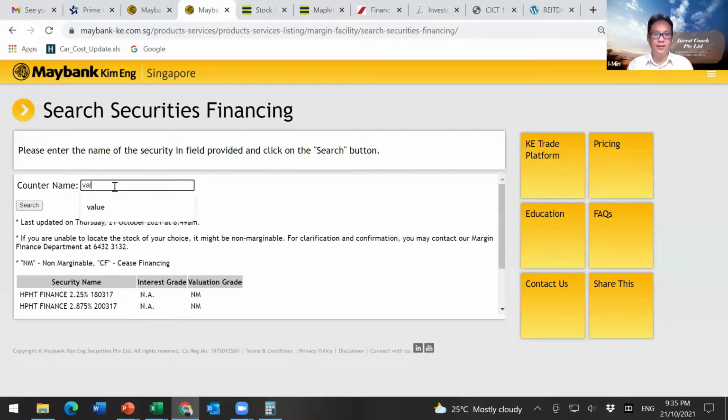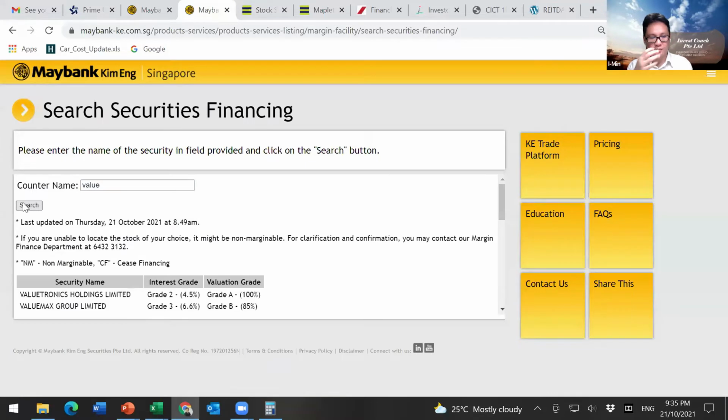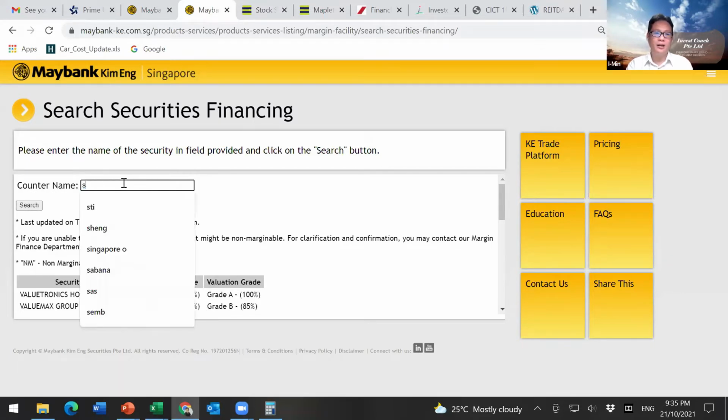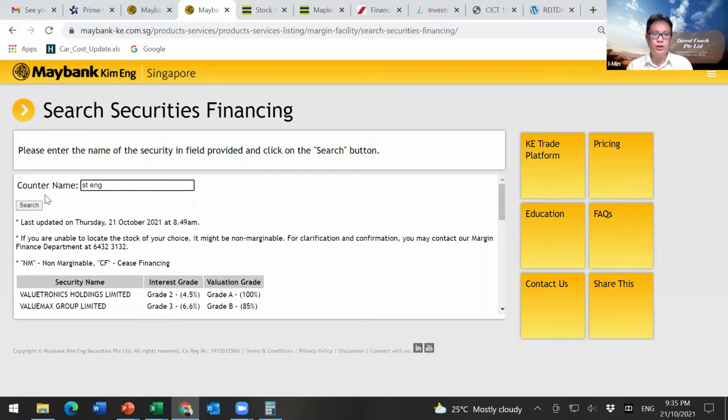Like for example, Value Max is actually grade 3, so it doesn't make sense here. Unless they are blue chip, then it's grade 1. If not, a lot of dividend stocks are okay, but this one to be careful of.